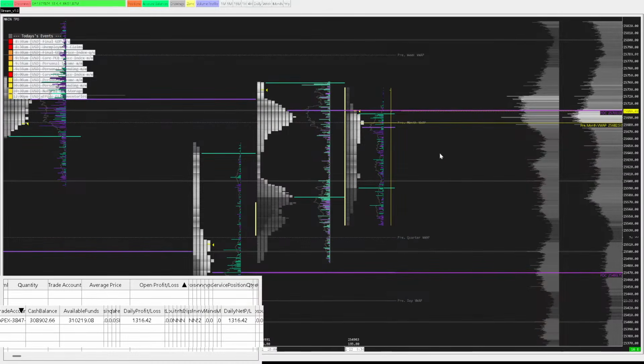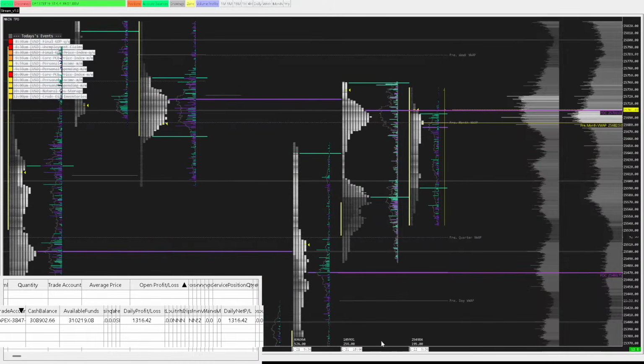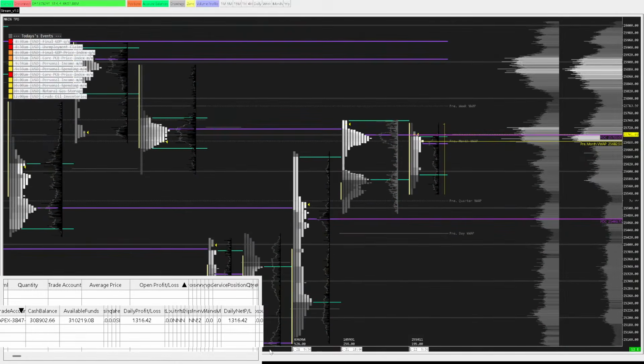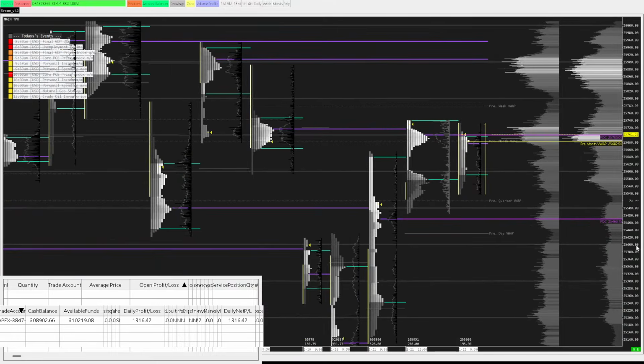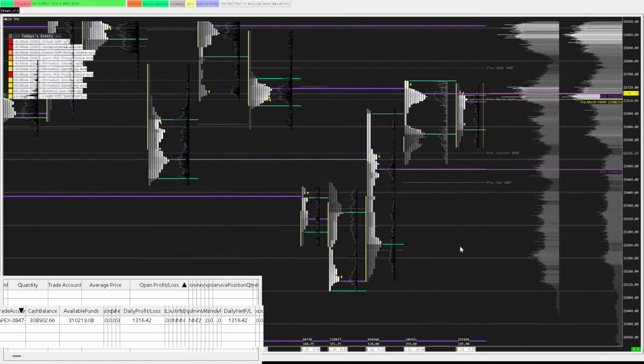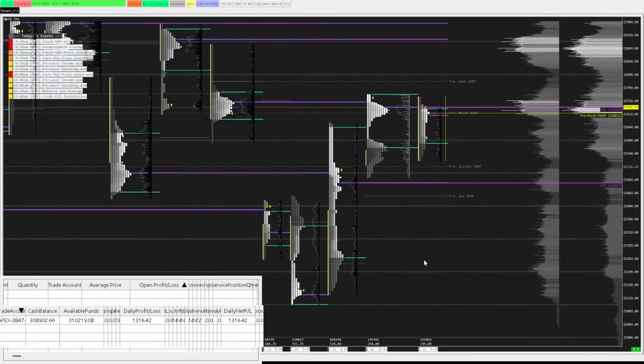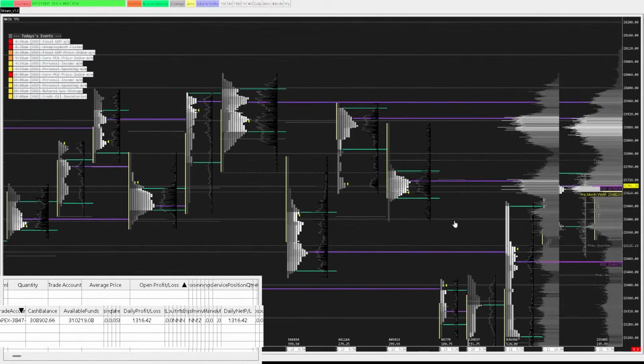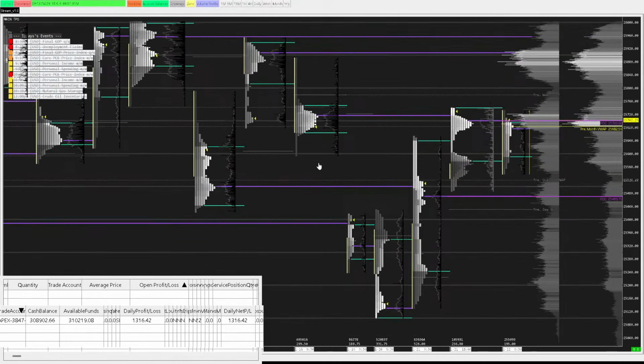The thing that I like about the TPO is, one, it's just a cool looking chart, right? Can we just appreciate that it's a cool looking chart? It's beautiful.